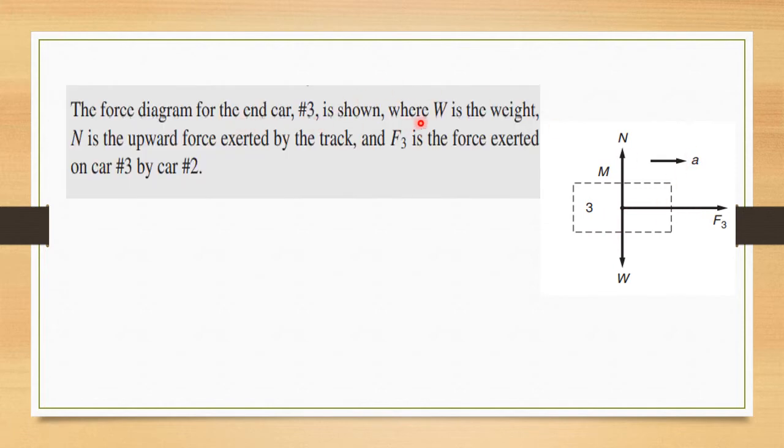So this is the force diagram, and N is the upward force exerted by the track, which will be equivalent to the weight of the car. And F3 is the force exerted on car 3 by car 2. Car 2 is in front of car 3. Therefore F3 is the force exerted on car 3 by car 2.